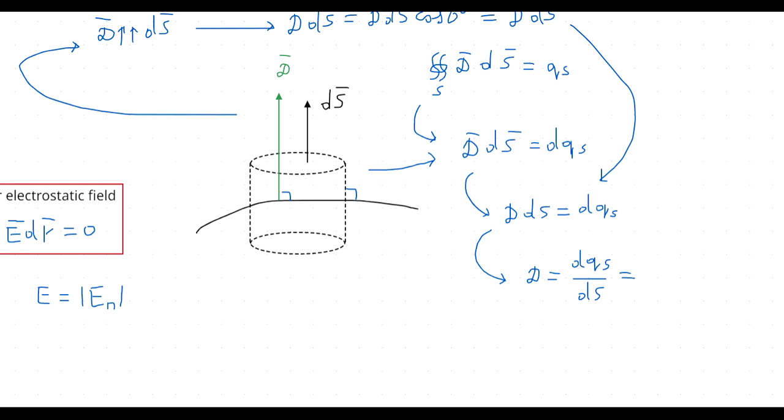Surface density is the electric charge of a unit, the charge of 1 square meter of surface. Charge per 1 square meter. This is surface density, and it can be written as sigma Q. Okay, do you have any questions about this?